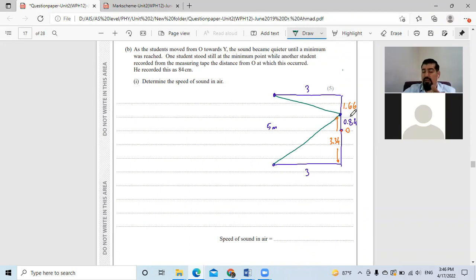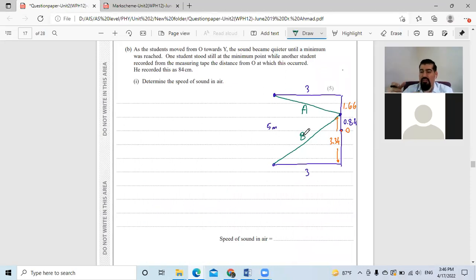Since this is a minimum, the first minimum, they are in antiphase, by how much? Half a wavelength. So I need to know this distance. I will call it path A, and this distance path B. The difference between path A and path B is half a wavelength.